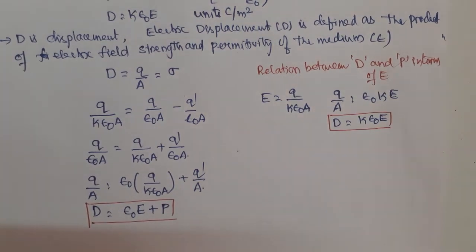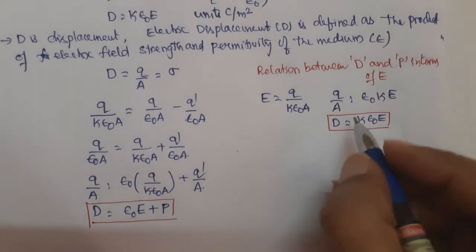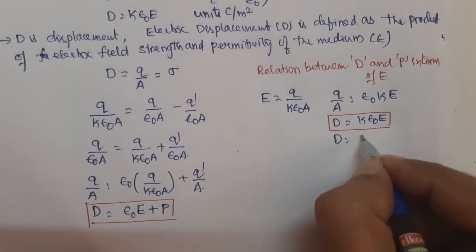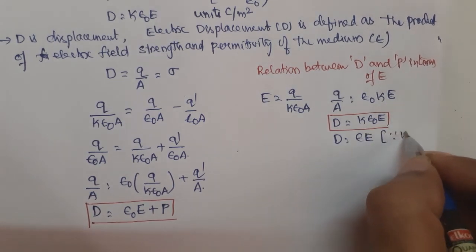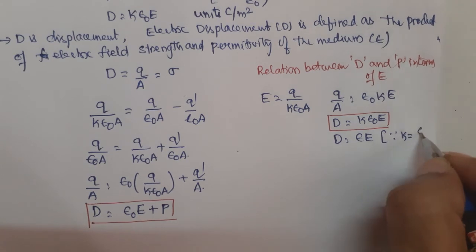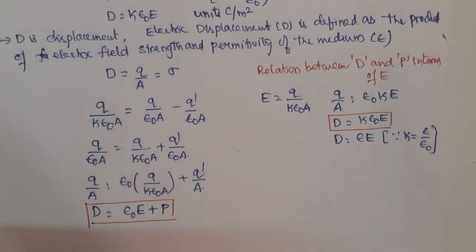Therefore here also you can write that D is equal to epsilon E, since K is equal to epsilon by epsilon naught.